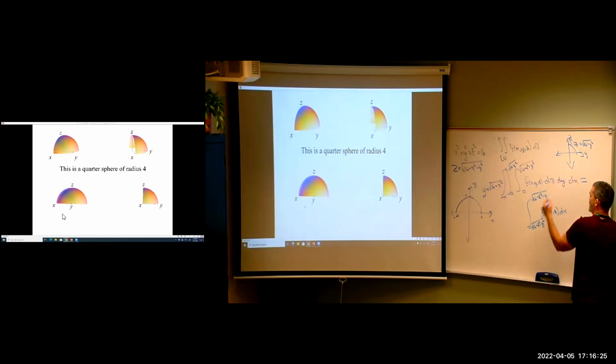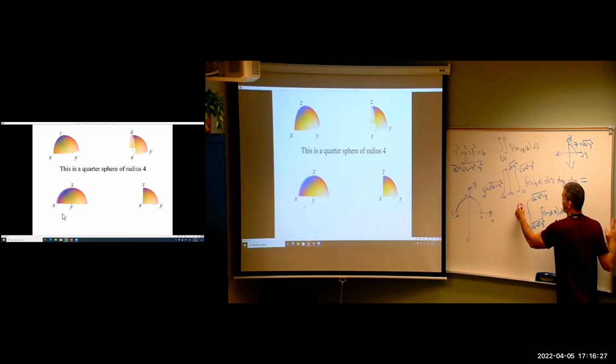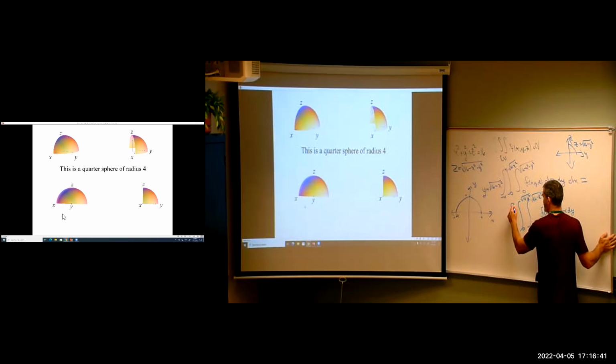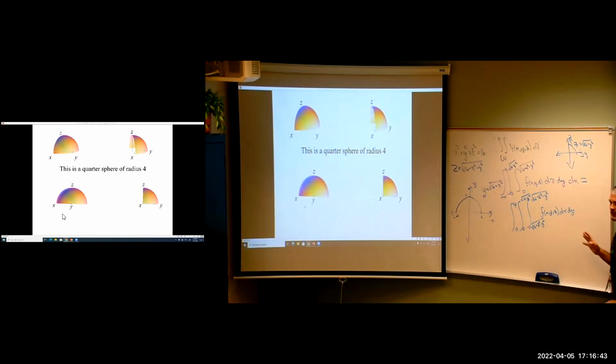And there's no negative Z values, so if we want to do Z next, we're fine. Square root of 16 minus, oops, I'm missing a square there, excuse me, Y squared. That takes care of our dy, and Y is going to go from 0 to 4. This is one we could have done in any order.